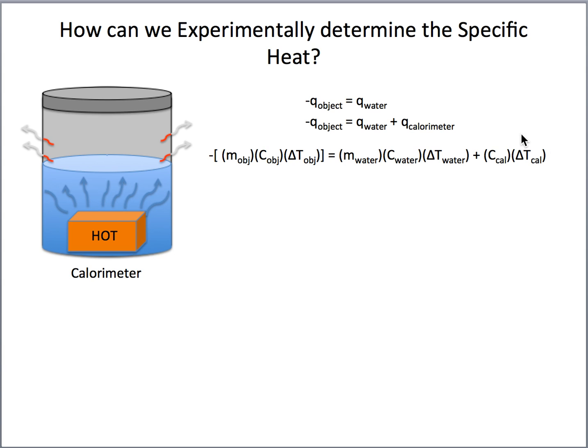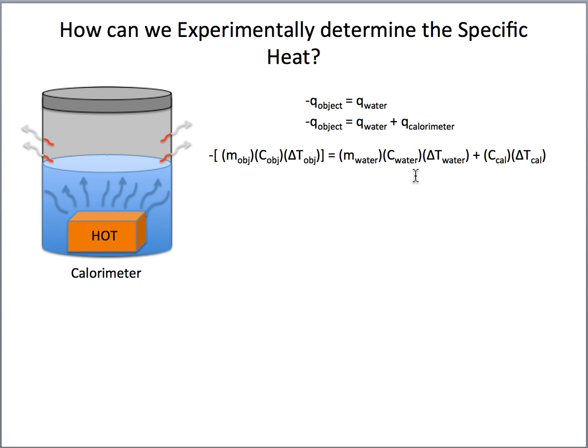Now when we get over to the calorimeter, there's a small difference, right? Where did our mass go? Well, we don't need a mass in this term, and the reason is that this C-cal is not a specific heat. It's unfortunate that your lab manual chose to use the same letter for the calorimeter constant, which is the C-cal, as it does for the specific heat, say of something like water.